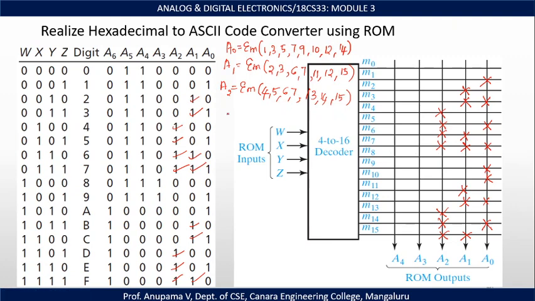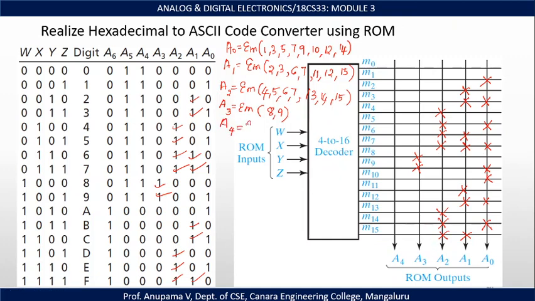Now what is A3? A3 is equal to summation M of 8 and 9. So in the ROM array, cross mark against M8 and M9 of A3. Now we'll see what is A4.